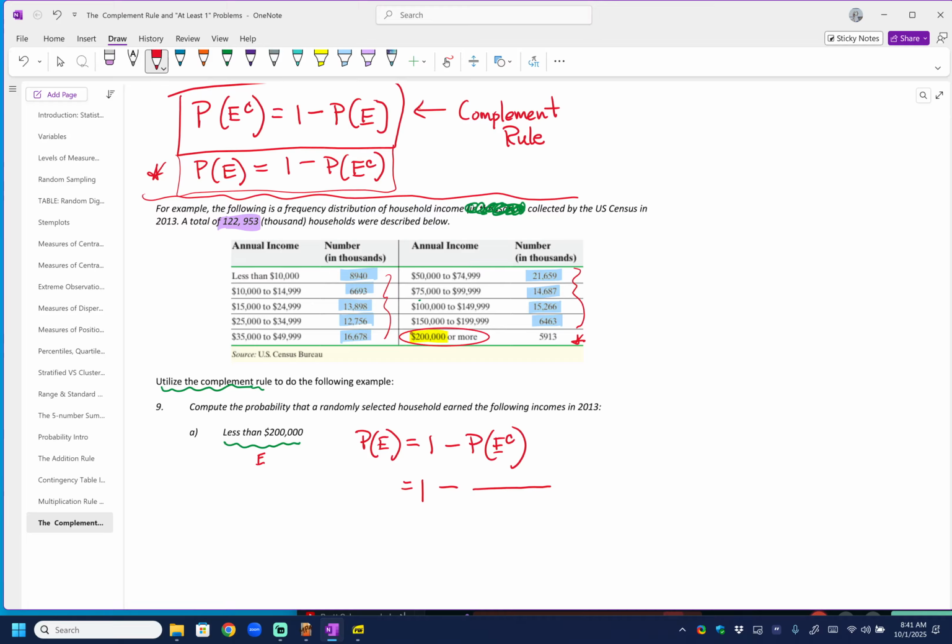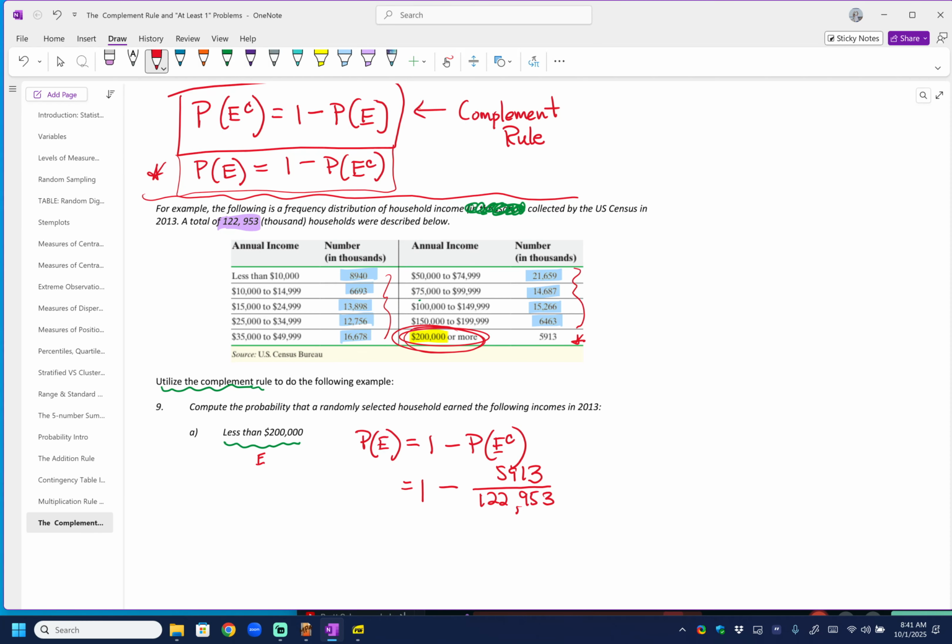So we know there's 122,953. Well, how many are there? There's 5,913 out of that. So all I would have to do is the probability of this event and then subtract that from 1, and I'm already done. I don't have to add up all these numbers to get that done.